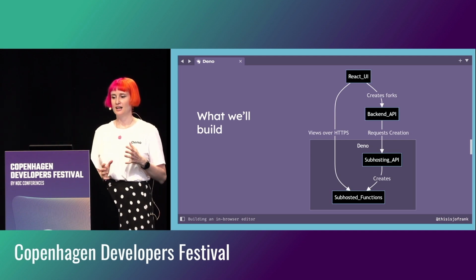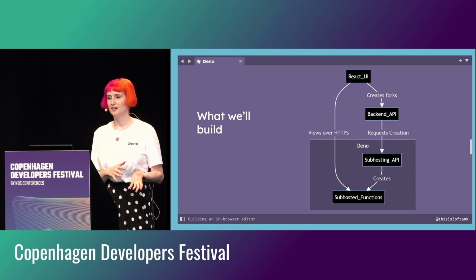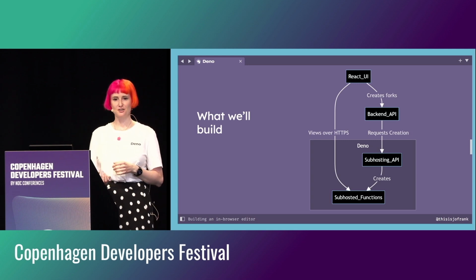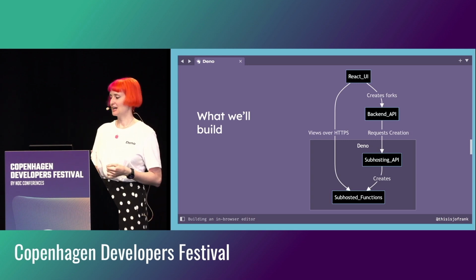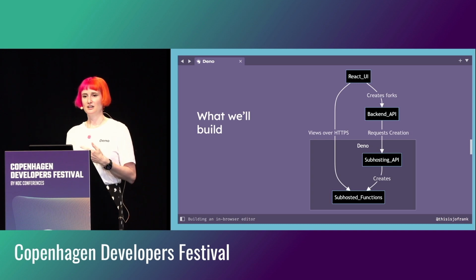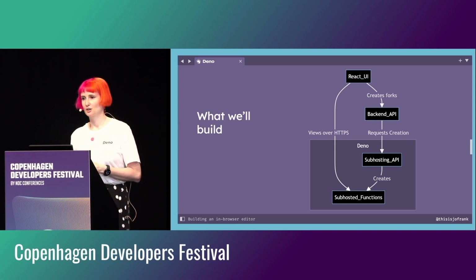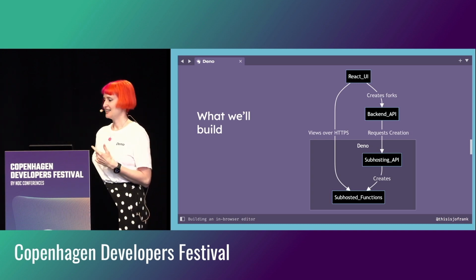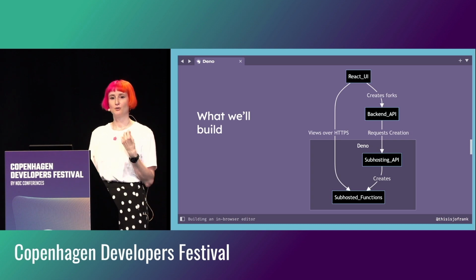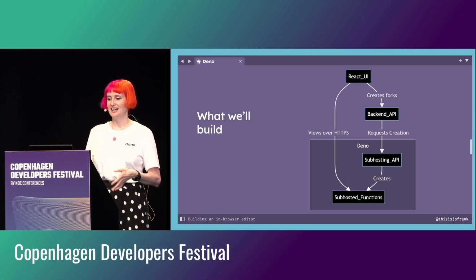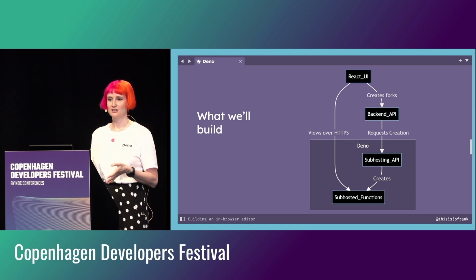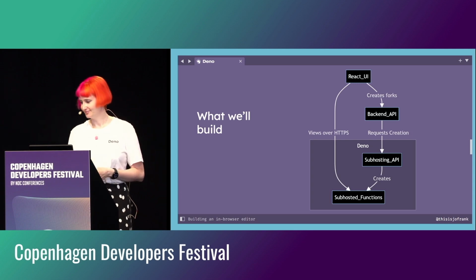Remember, I talked about the subhosting API earlier. That allows us to run untrusted code and return an output. We're going to write a backend API that is going to call Deno Subhosting. It's going to create a new project. It's going to run the code in that project. And then it's going to return the results so that we can show them in our UI.